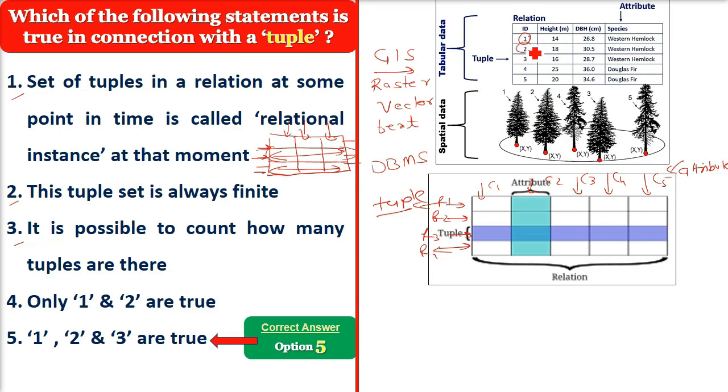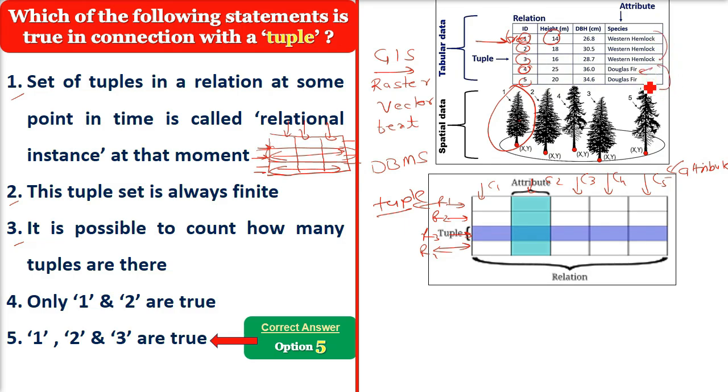But here, I'm trying to show you 5 trees. These trees are actually geographic. They come in geography. But in order to make it spatial data kept in tabular form, we have IDs for them, and every tree corresponds with the height, DBH, and the species. So how did we convert the geographic data into tabular data? Using the tuples, which are the rows, and using the columns, which are the attributes. So tree 1, tree 4, tree 5, whichever you say, has a certain height.